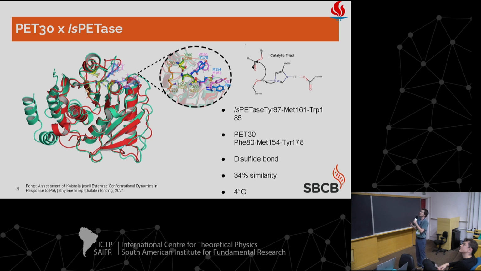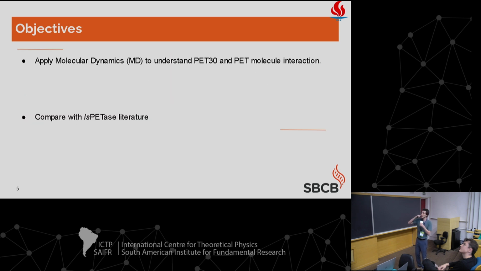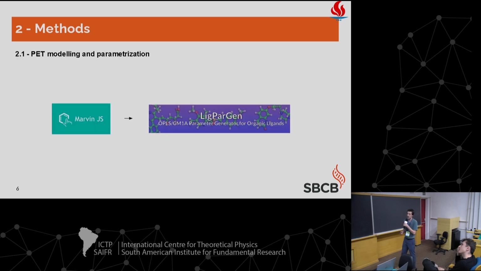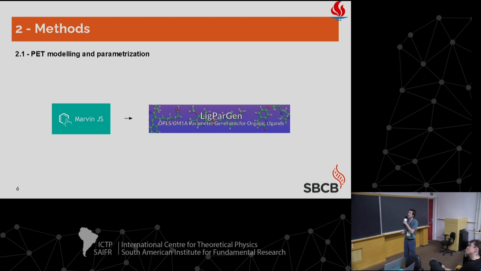Okay. So the aim of this study was to apply molecular dynamics to understand the PET30 and PET molecule interaction and compare with ICTP-SAIFR literature. To do this, we modeled a trimer molecule of PET on Marvin JS, and we got the parameters using LigParGen.